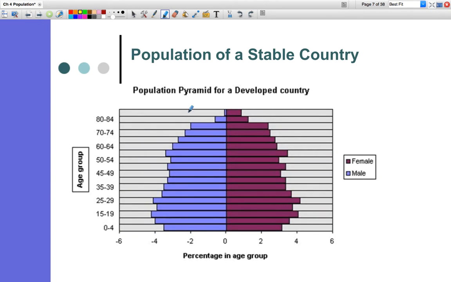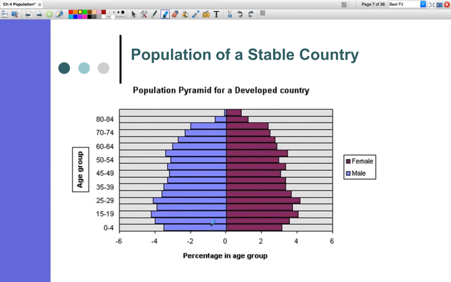In a developed country, the quality of life is a little bit better, healthcare's better, food sources are more abundant. We're able to live longer and be healthier into our 80s and 90s and sometimes even hundreds. So our population is much more evenly distributed.